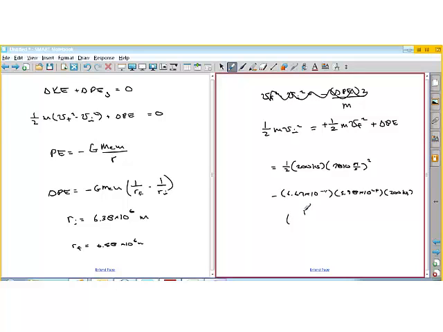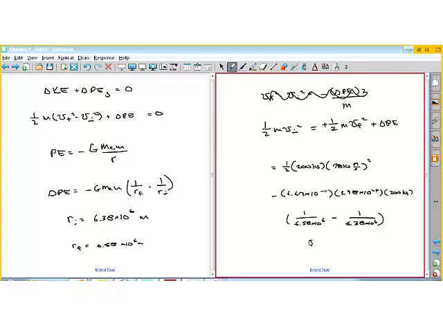And then we're going to multiply by 1 over the final radius, which is 6.58 times 10 to the 6th, subtract 1 over 6.38 times 10 to the 6th. And that should give me the answer.